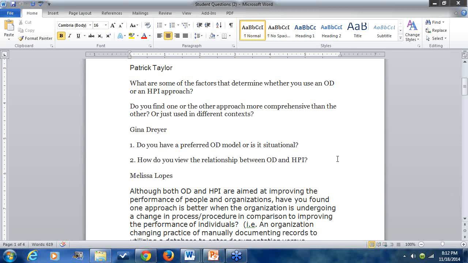So depending on that gap, if you want folks to be able to communicate more effectively, there might be some key components of the organizational systems that you would want to focus on more than others. So that all comes from the assessment.